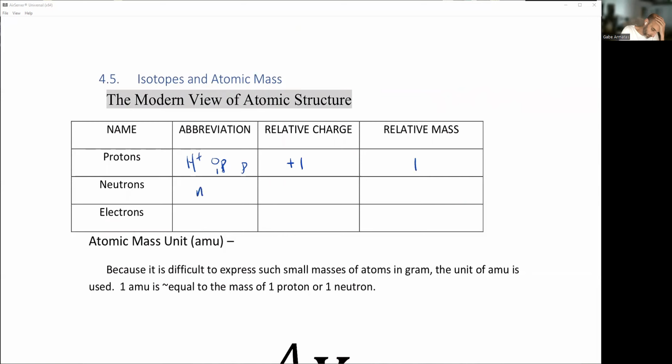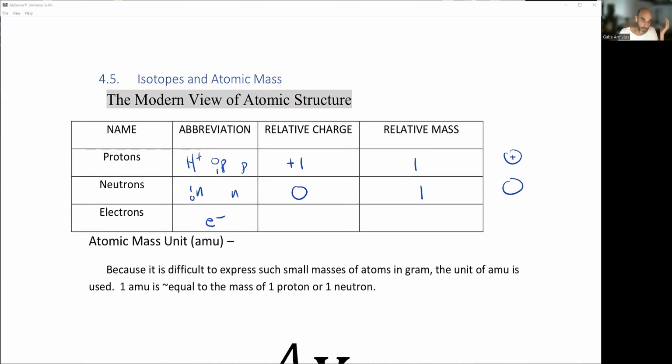Neutrons, so N, with 0 and 1, or just N, have a 0 charge. They only bring mass, which is 1. So a proton has a positive charge and a mass of 1, and a neutron has 0 charge but also a mass of 1.